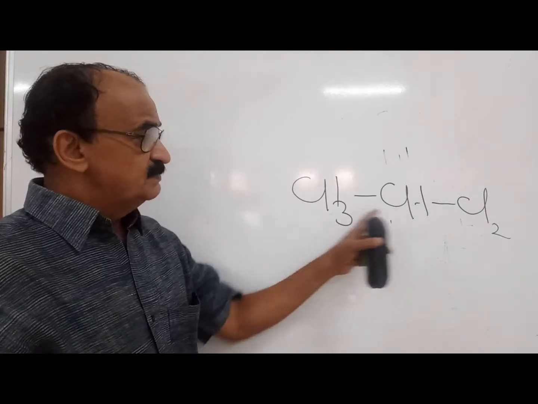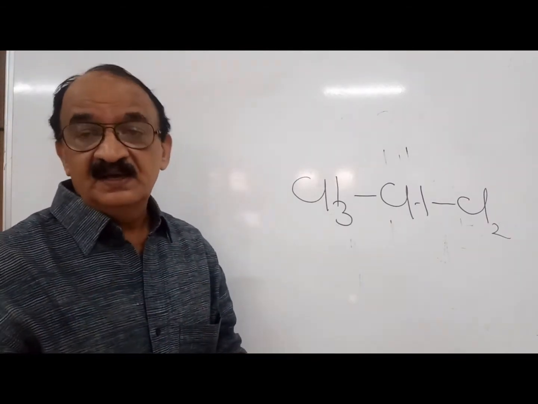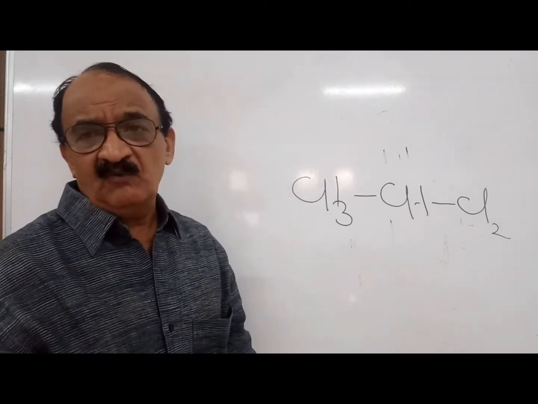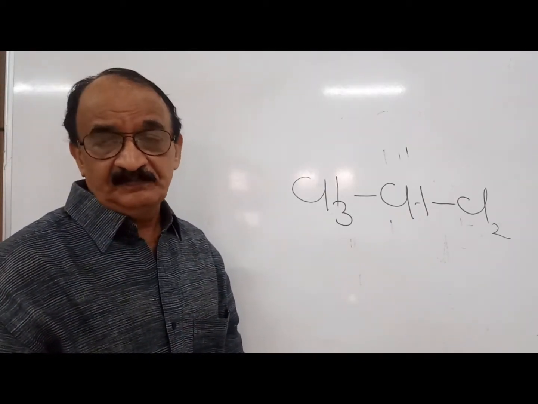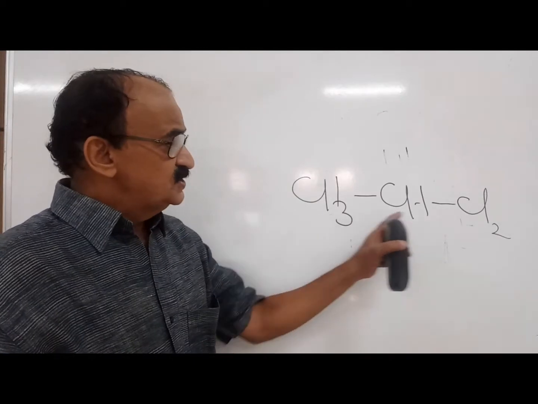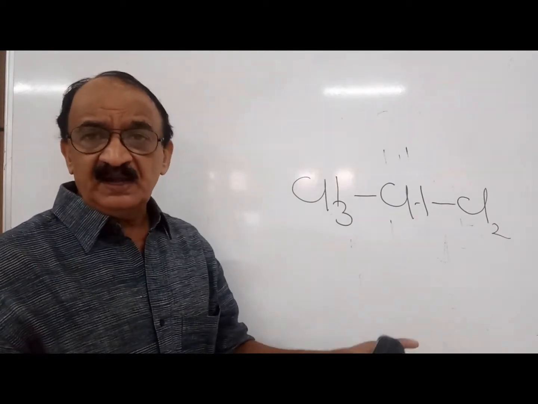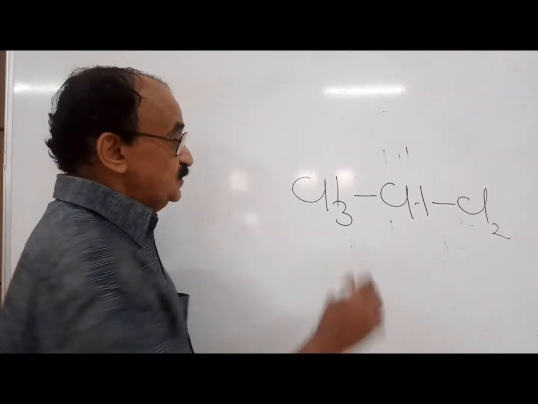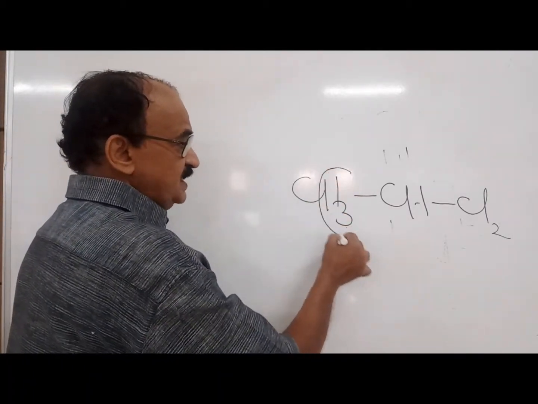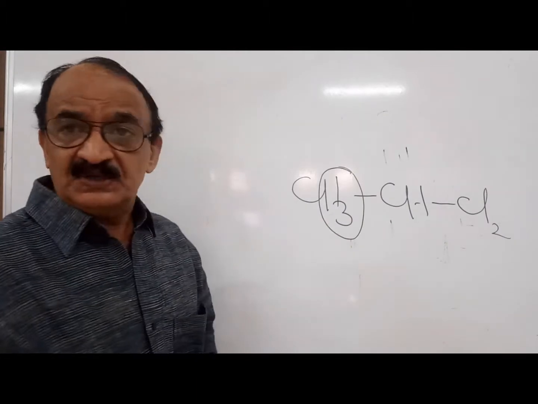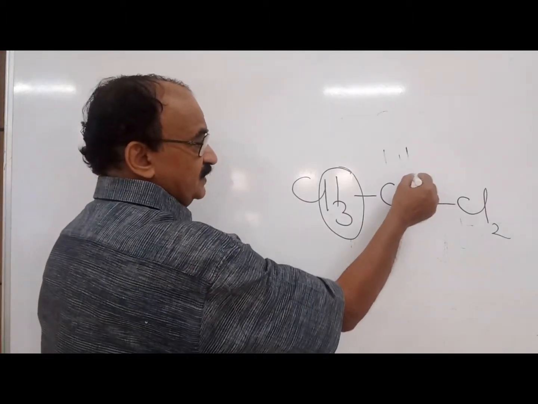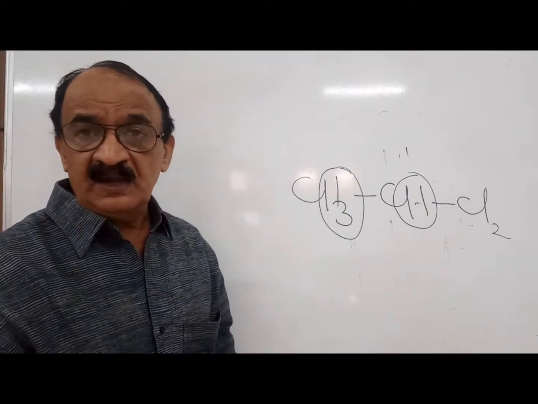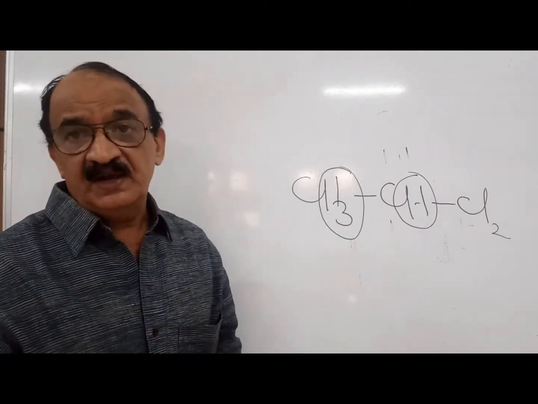The two types of protons are in different chemical environments. Protons which are in the same chemical environment are said to be similar. Here there are two different chemical environments in which the protons are situated. So the chemical environment of these three protons is not equivalent to the chemical environment of this proton. Since they are in different chemical environments, they are said to be different.